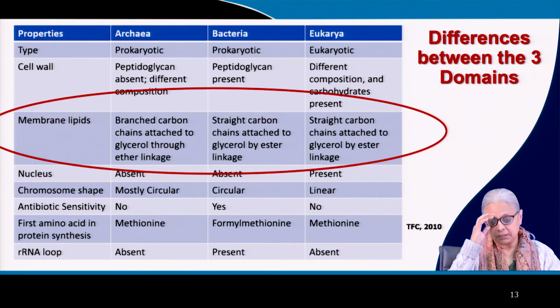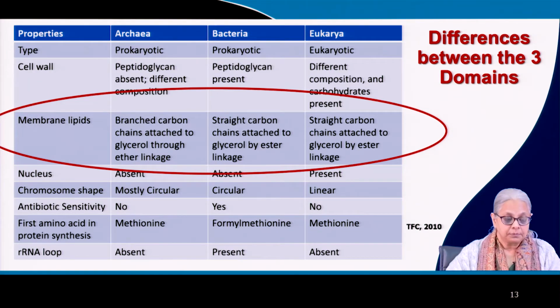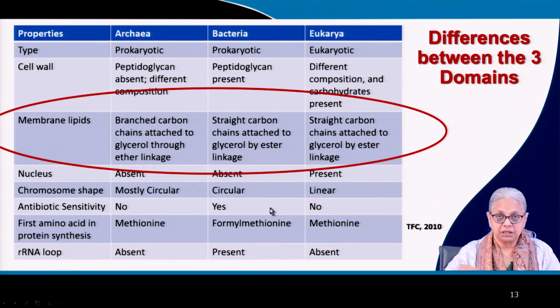So, like I said, the world is divided these days into three domains: archaebacteria, bacteria, and eukarya. If we were to focus on just the membrane lipids, people have observed that there are biomarkers that determine the differences between these three domains.